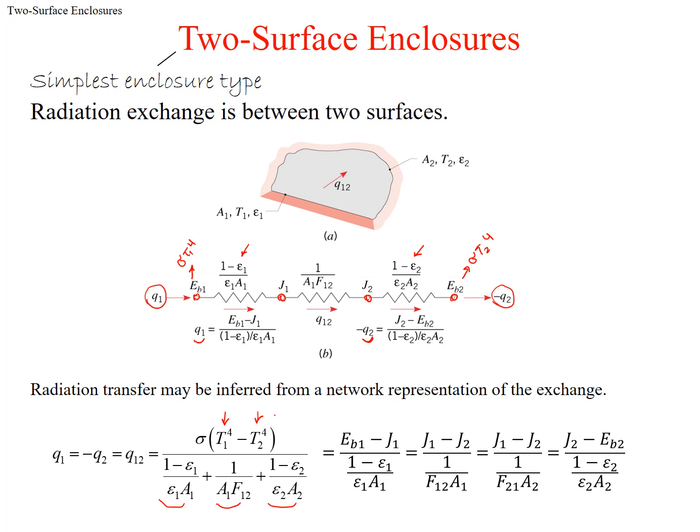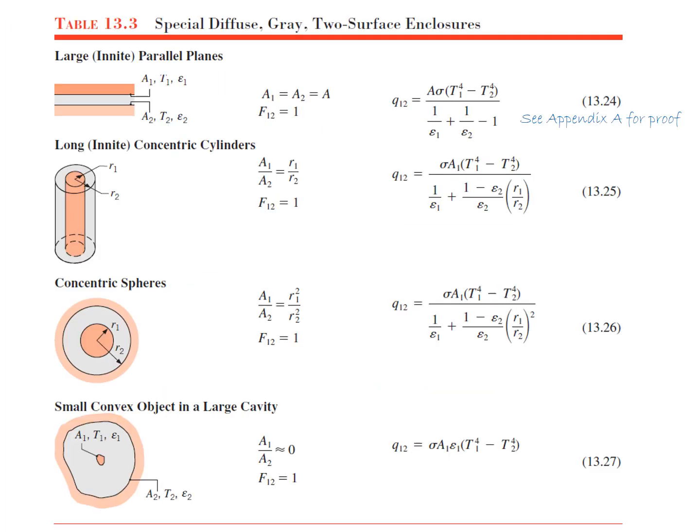But if you pick nodes in between, you'll see that you have just one resistance here, another one here, or these two are the same. 1 over A1 F12 is equal to 1 over A2 F21. This is based on the view factor rule that we covered before.